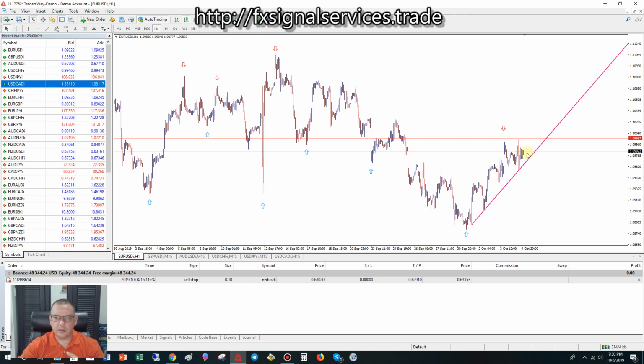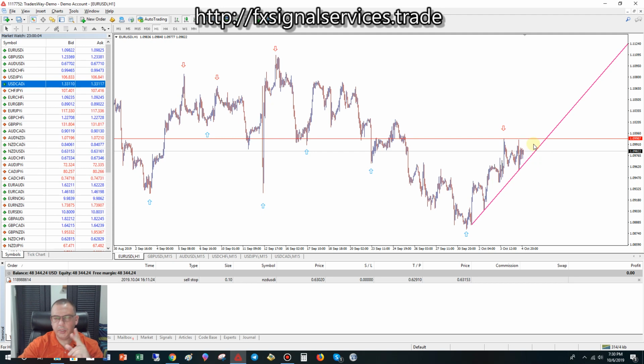It's going to come back down. Well, it went up to here, it came down. It's going to go back up, touch this a third time, come down, and it's going to do one of two things. Either it's going to break this trend line and keep going down, or it's going to keep going up further.